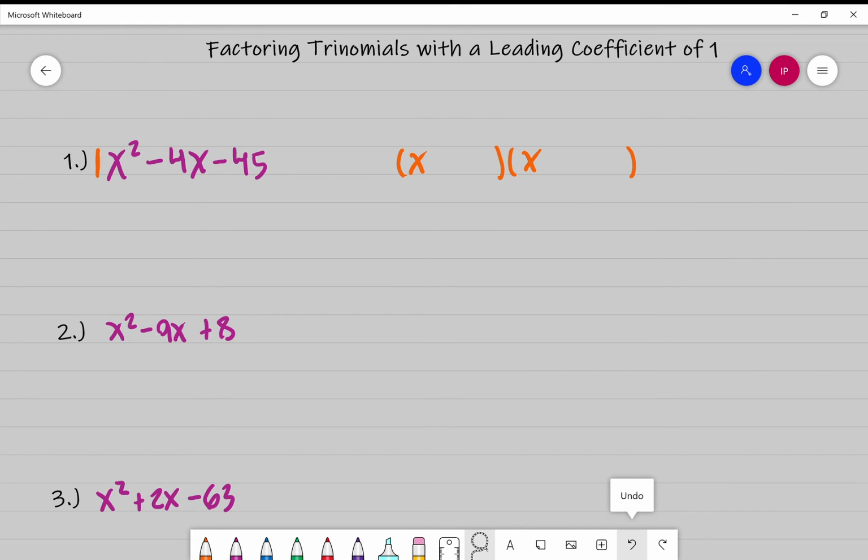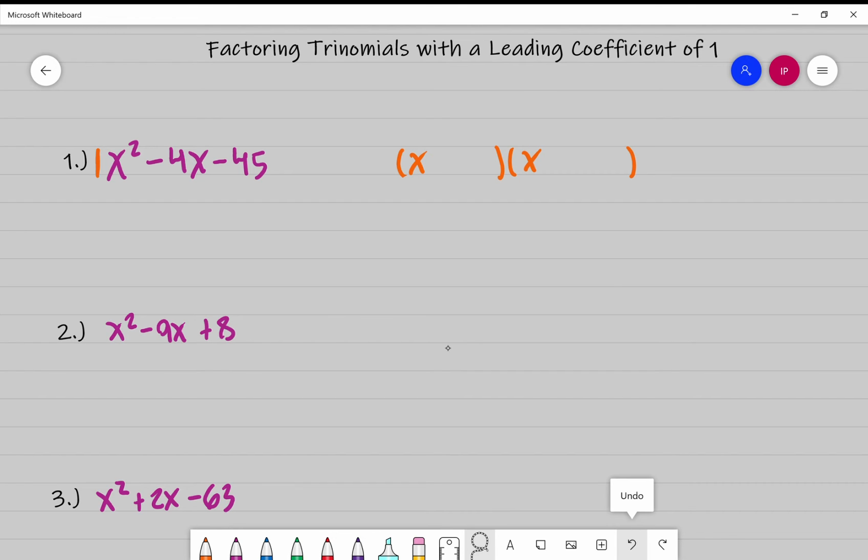Okay, so I'm going to figure out what two numbers can I multiply to get 45 that adds up to get 4. So if you don't know your times tables well, we can always make out our GCF line again. You're not finding the GCF, but you can make out your GCF line.